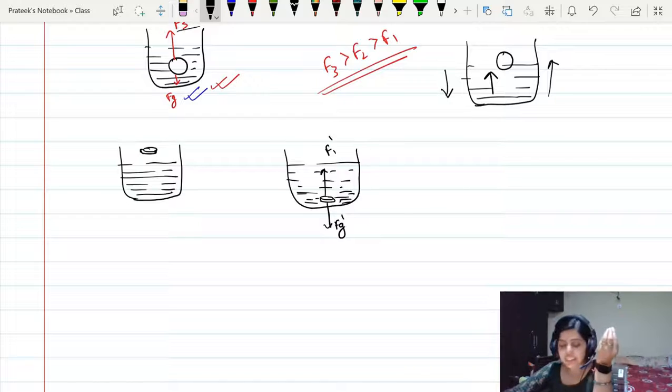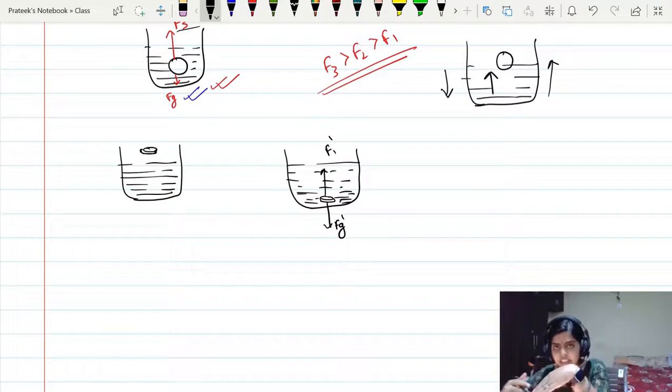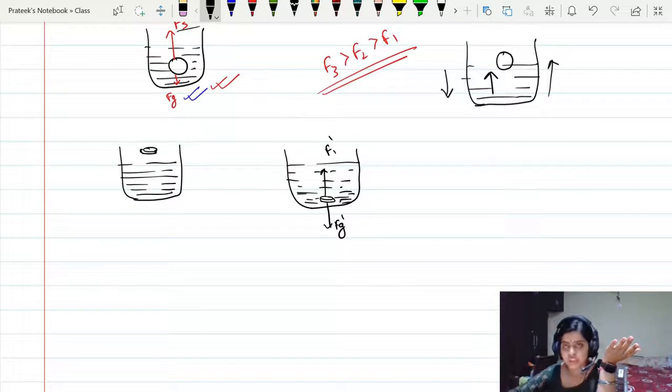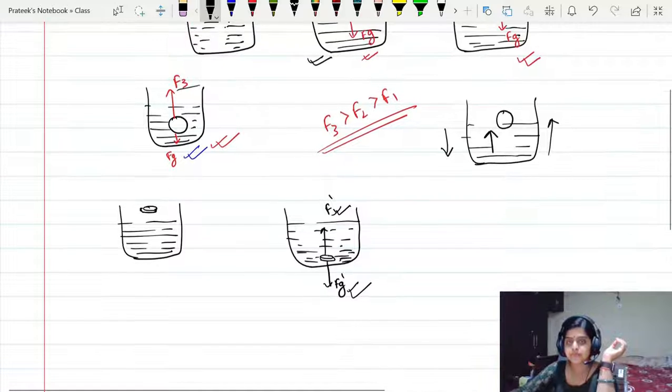What we will see is that the coin sinks. The earth pulls the coin downward, and there is also the upthrust of water on the coin which pushes it upward, but the downward force of gravity is greater than the upthrust of water. So the coin sinks.